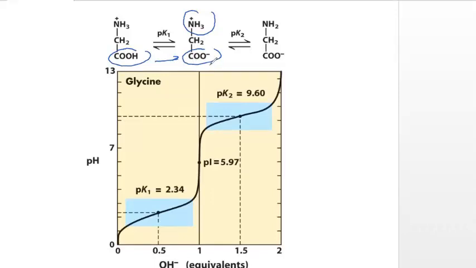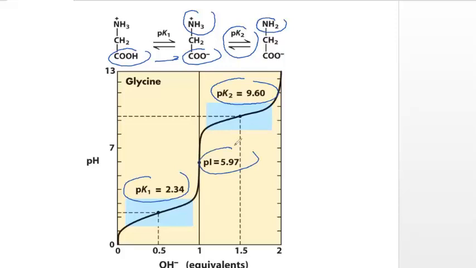Okay, and then at the more OH when you are adding, then you are getting the pK2, and now what you can see, the charge over the NH2 disappears. Okay, ये गायब हो गया, ठीक है ना। So that's why there is pK1 value, pK2 value, and what is the PI?